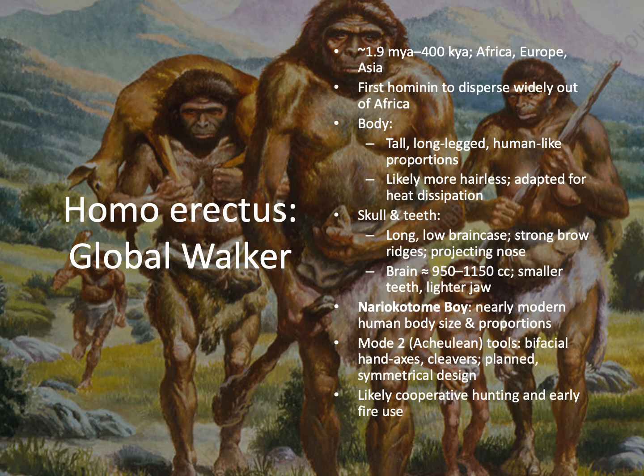Even if we set the fire question aside, though, the sheer geographic spread of Homo erectus tells us that these hominins were remarkably flexible and remarkably innovative in how they lived. They occupied open grasslands as well as wooded areas and forest edges. They handled different climates, and they likely had some form of cooperative hunting, or at least coordinated scavenging.